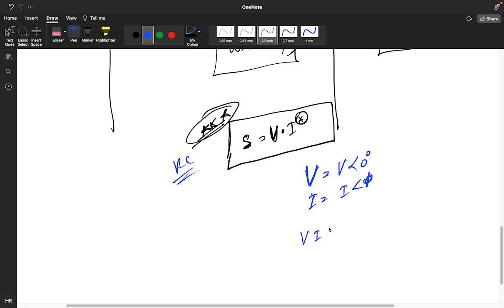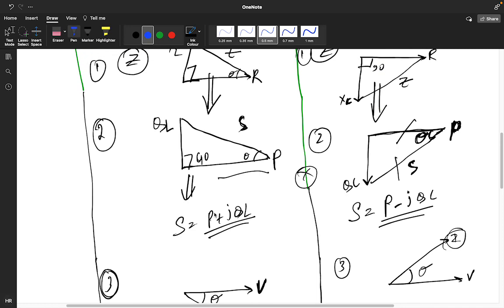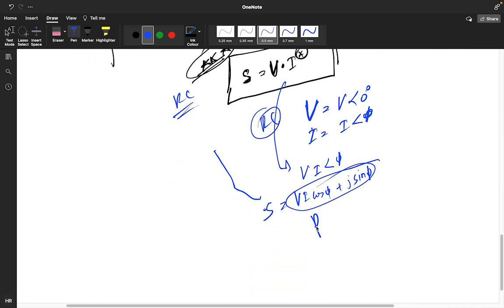V into I at an angle phi, and the result will be VI cos phi plus j sin phi. So if you are not conjugating, and this is an RC network, VI cos phi is representing P, and j VI sin phi is representing jQ.